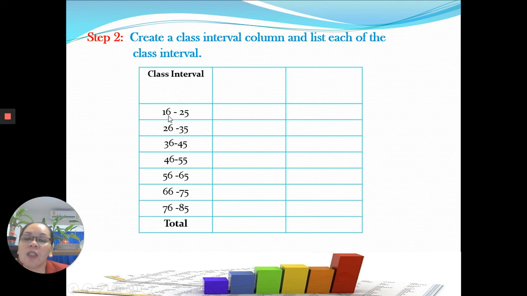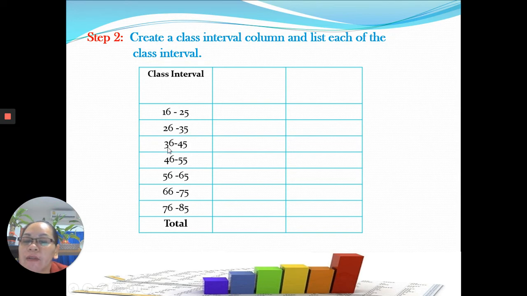Since our class width is 10, you will start with the lowest observation, 16, and then just count 10 numbers, including 16 in the counting. So you'll have 16 to 25. And then the second class interval is 26 to 35. See to it that your intervals will not overlap.